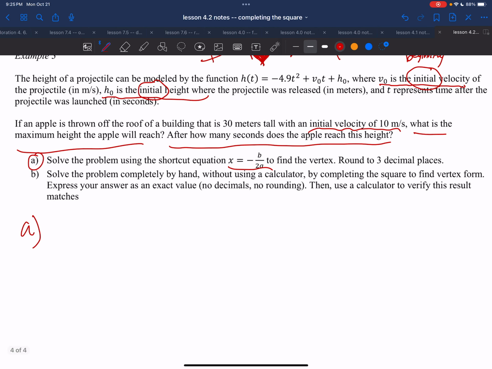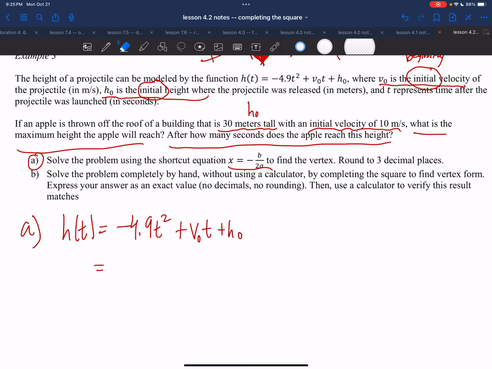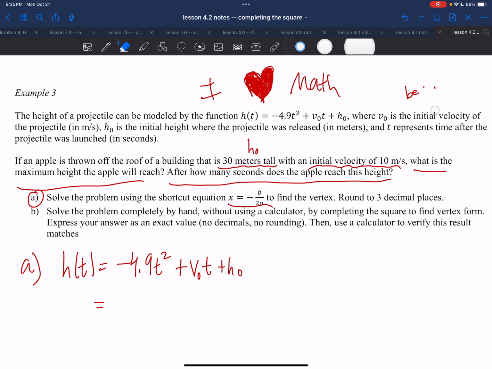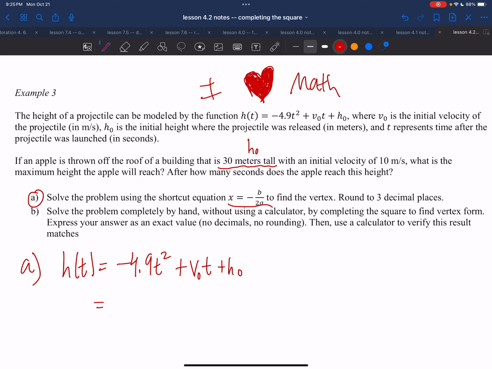First of all, we need to build our equation. H of t is negative 4.9 t squared plus v naught t plus h naught. Now, what do I know from the problem? Well, the building is 30 meters tall, and I'm throwing the apple off the roof. So 30 meters tall is h naught.